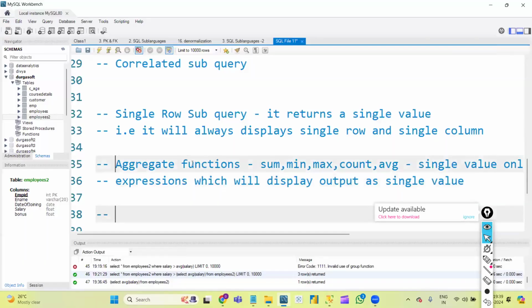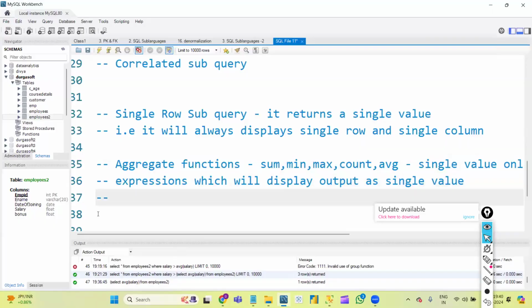These are single valued operators, maybe arithmetic operators.